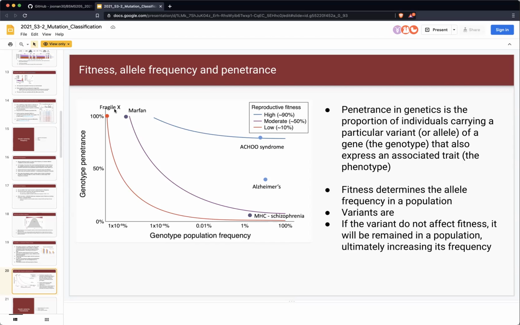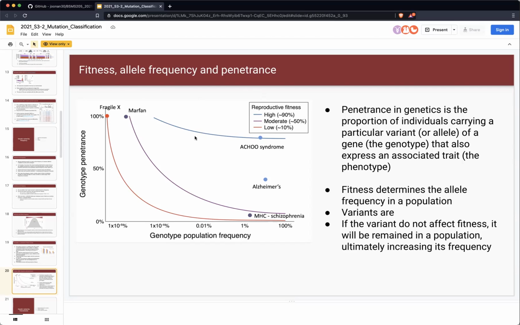That means they have quite high reduced fecundity, and there's almost no chance to transmit their genotype to the next generation. So in other words, they have higher selective pressure because natural selection is working in Fragile X, right? Or we can say that their fitness is quite low, right?